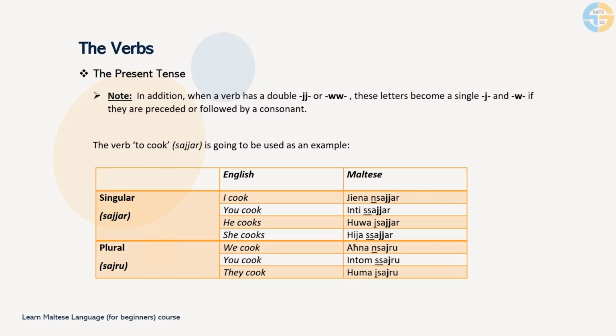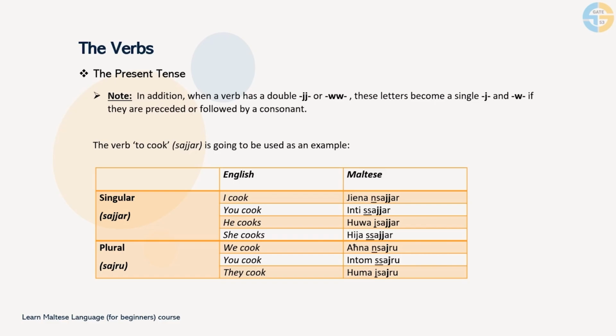Remember the vowels A, E, O, and U. So these in bold remain the same because there is an A before and an A after.